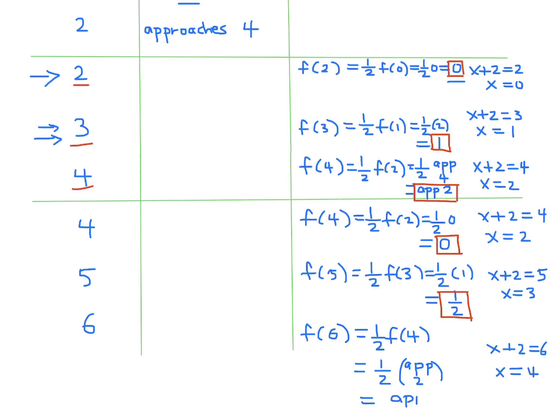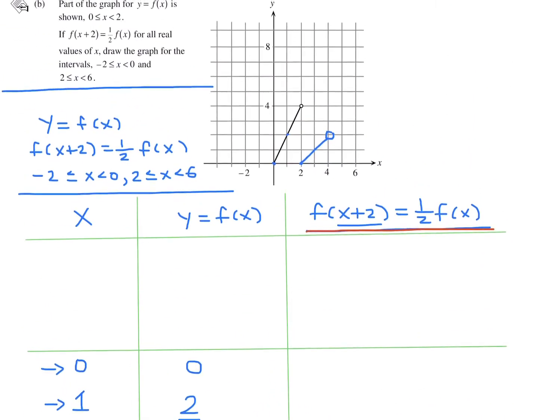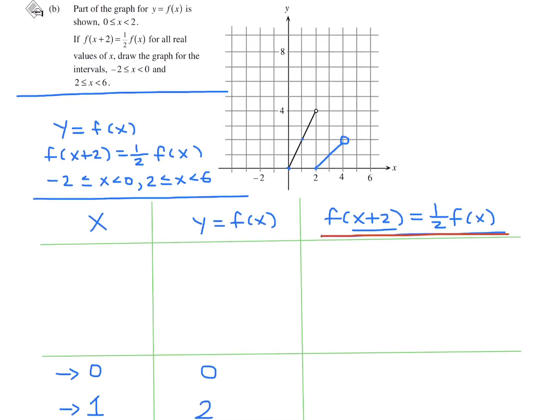So this one would be approaches 1. So now let's go back and draw this. 0, 1/2, and approaches 1. So 0 for 4, 1/2 for 5, and approaches 1 for 6. So this is your graph.